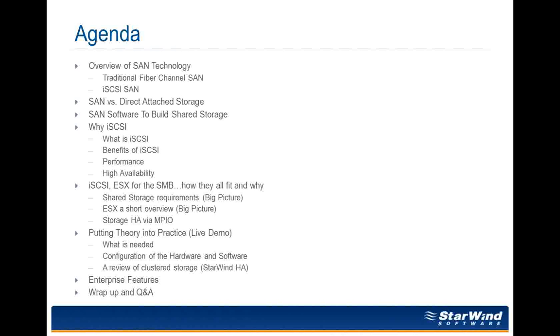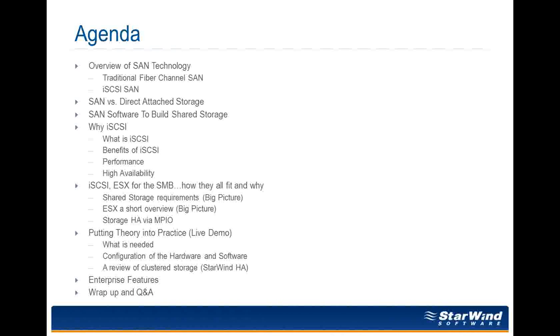We're going to talk a little bit about using software to build out a SAN, using iSCSI and iSCSI-based software. We're also going to get into why iSCSI is the right protocol. And then we'll dive into the technology aspect of this around iSCSI and ESX for the SMB, how it all fits together from a shared storage hypervisor type of scenario.